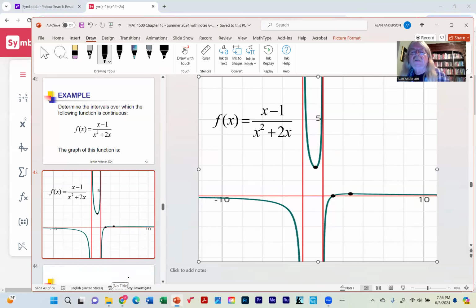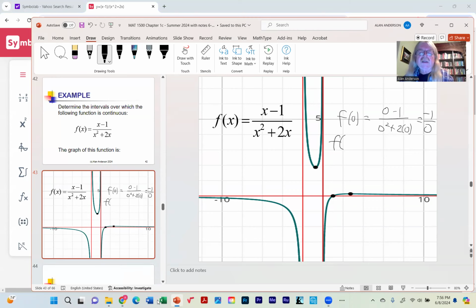f of 0 leaves us with division by 0. Okay, what about f of -2?